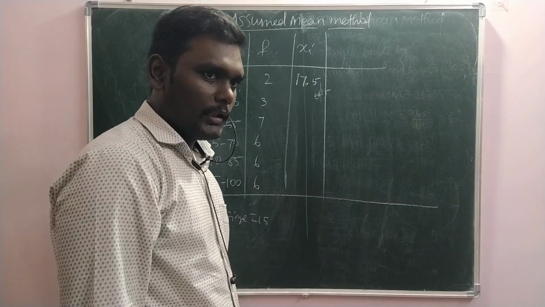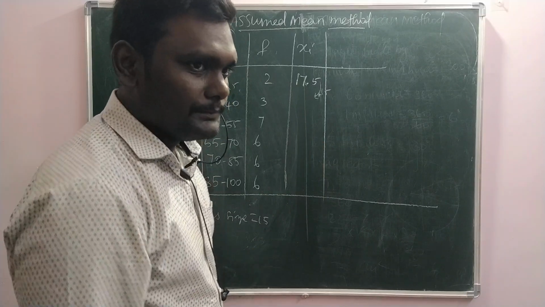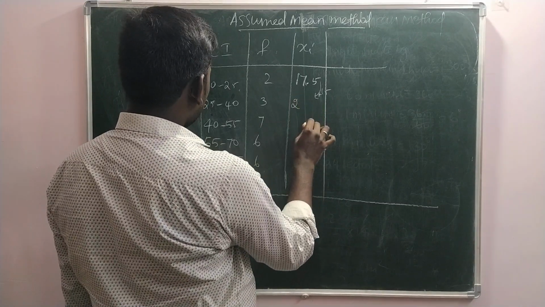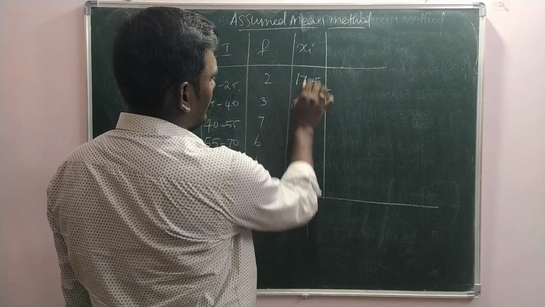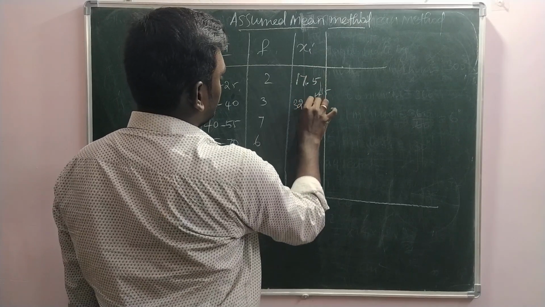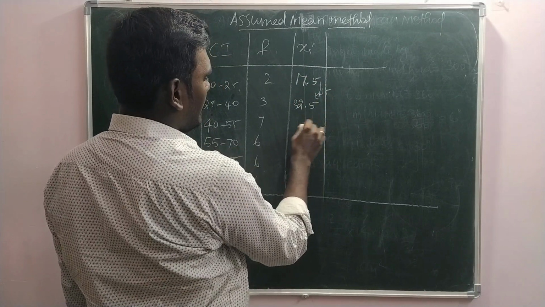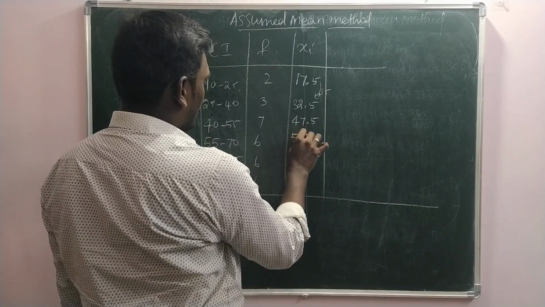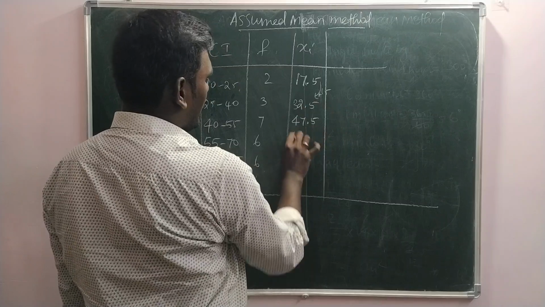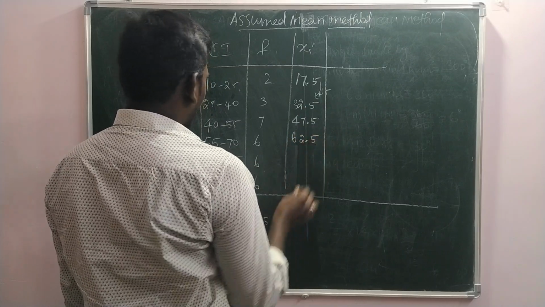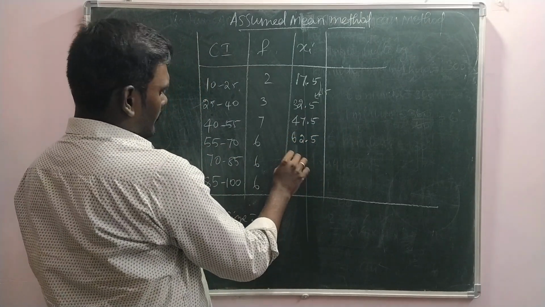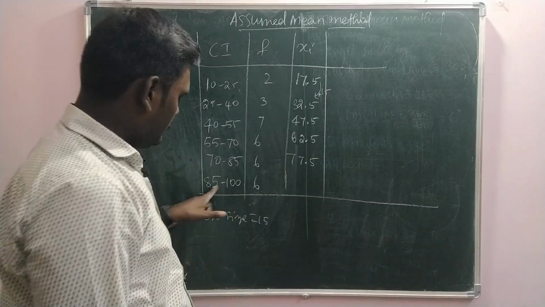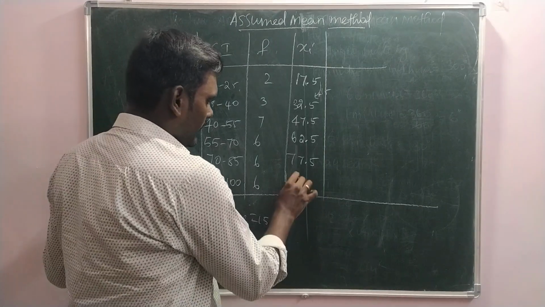When you add 15, what will come? 32.5. And then when you add 15 with this, 47.5. And here 62.5. And then here 77.5. And then this is 92.5, correct?